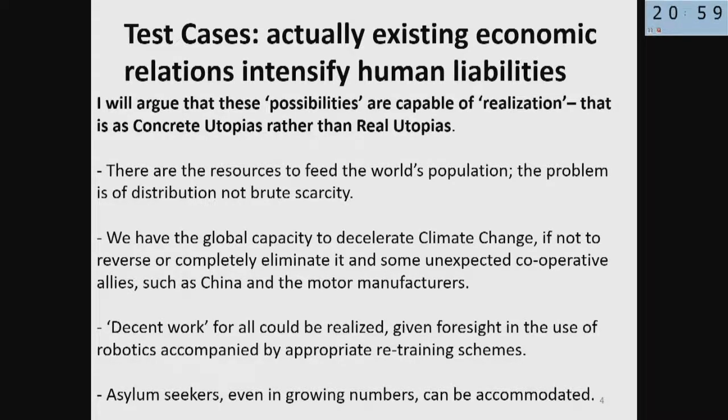And fourth, because I don't really want to argue about these test cases, I think they are as they are. Fourth, asylum seekers, even ones in growing numbers, could and can be accommodated.